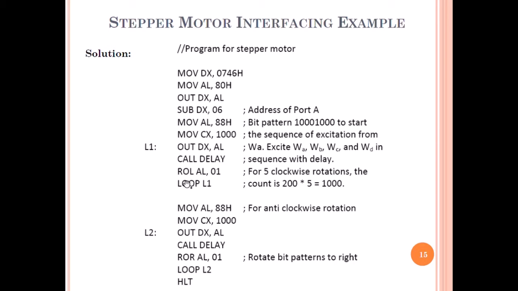But we need the rotation 1000 times, therefore we will loop it. By rotating left we got clockwise rotation, and then we have to repeat this much again for anti-clockwise rotation. For anti-clockwise rotation, instead of ROL we will take ROR, rotate right.